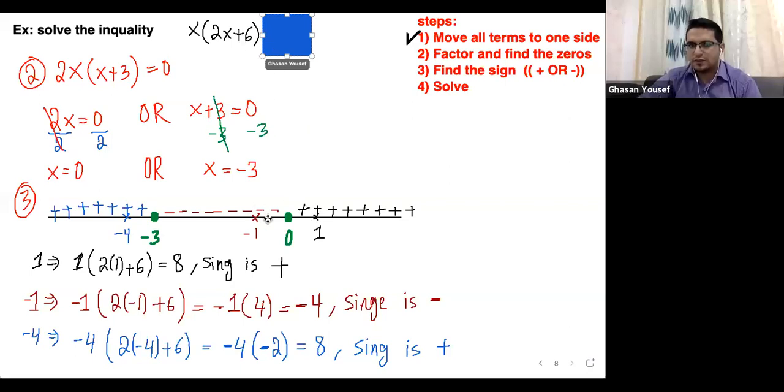We move all terms to one side. Now you have to check the sign by plugging numbers. So pick any number greater than 0. We pick 1 and plug it into the equation.